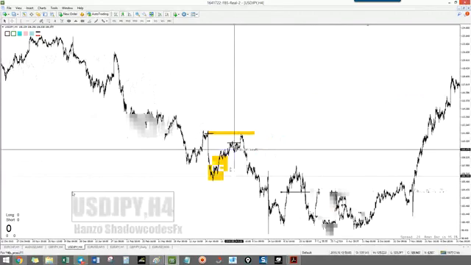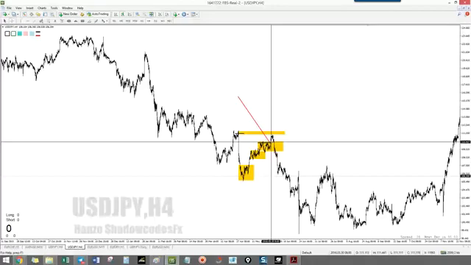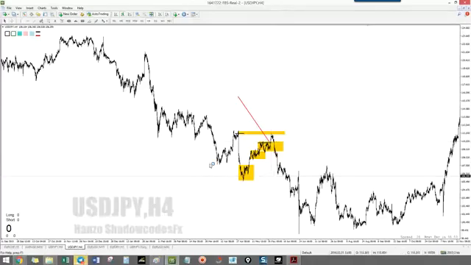You might have difficulty seeing the structure. Do you see this? 1, 2, 3. Over here, we do not buy. So if you want to buy here, you cannot. You can still buy, but only up to this. Still 100 pips because this is H4, but a very risky trade.